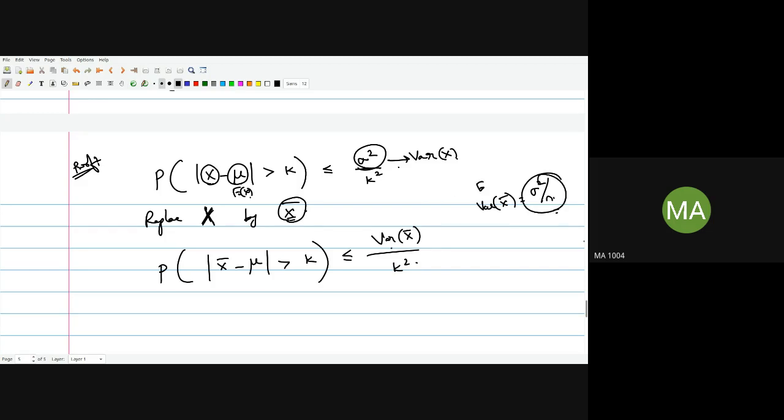This is what we have studied: the expected value of the sample mean is mu, and the variance of the sample mean is sigma square by n. So this implies the probability that |x bar minus mu| is greater than delta, instead of k, will be less than or equal to sigma square by n divided by delta square, and that n comes to the denominator. That's it.